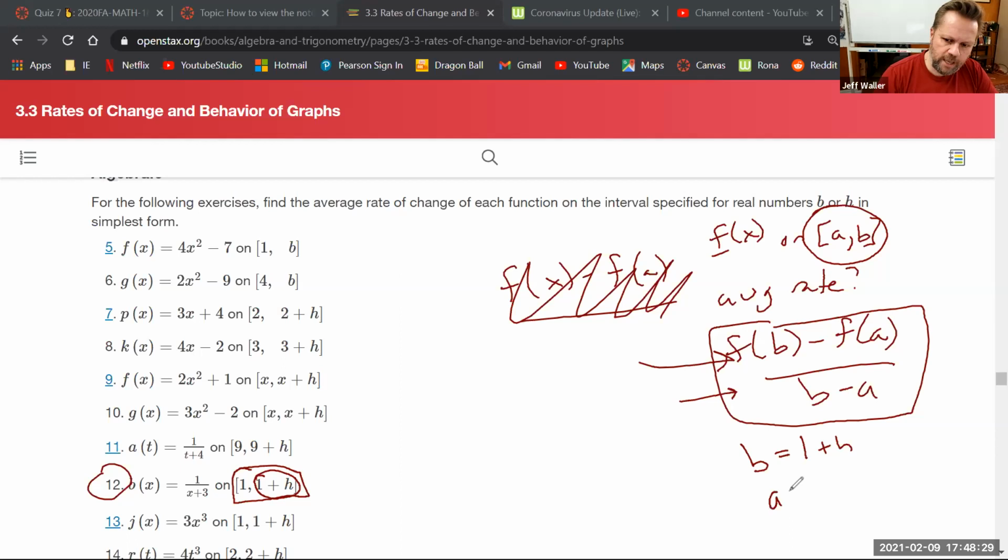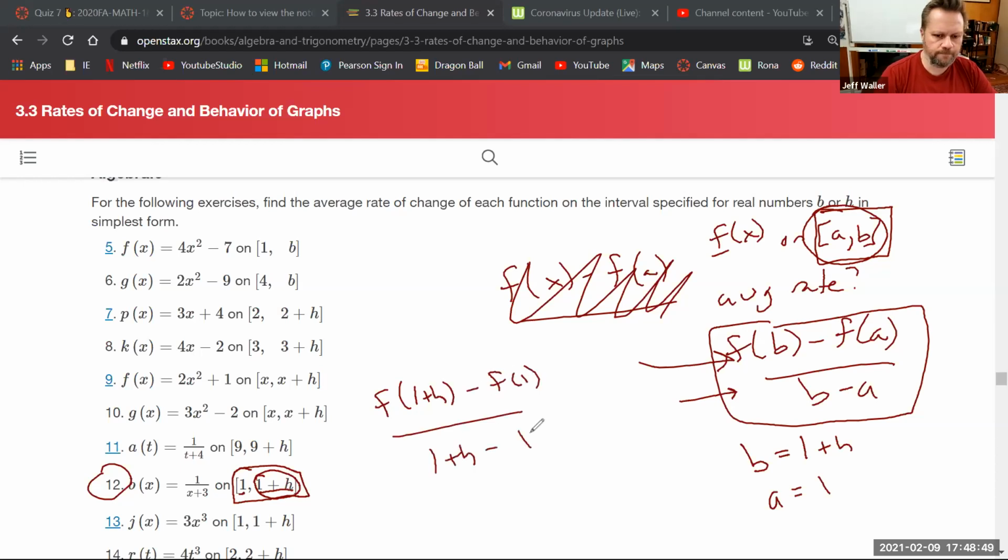And what's my A going to be? 1. It goes from A to B. That's the idea of the process. So I want to do f of 1 plus h minus f of 1 over 1 plus h minus 1. That is just using the process.